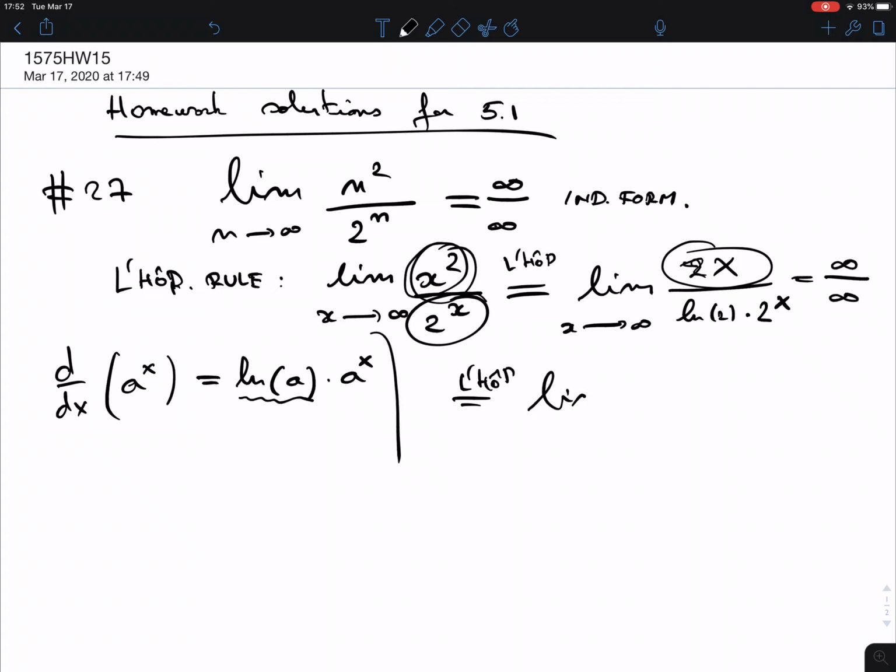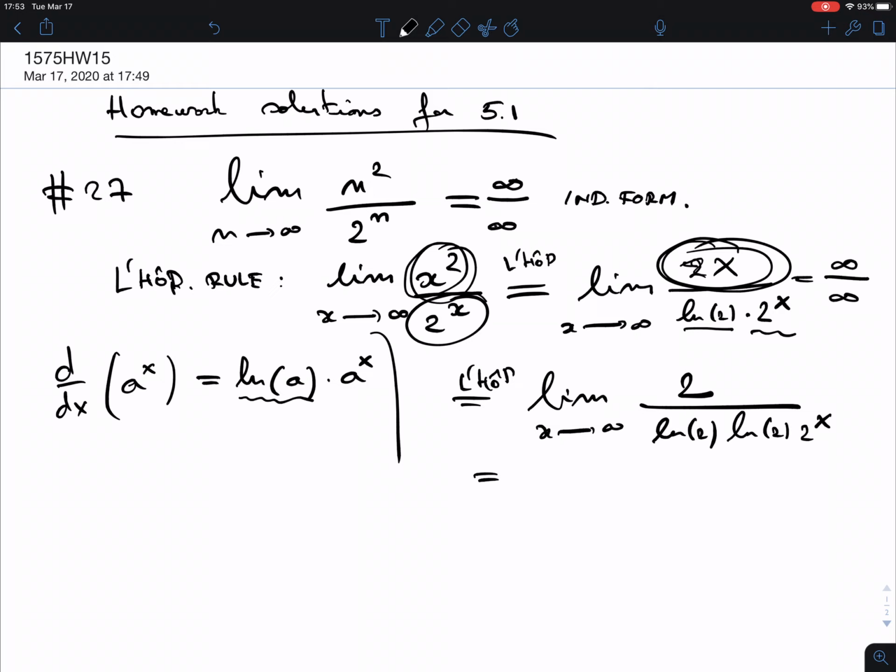That means that I'm now going to take the derivative of this top function, which is just 2. The derivative here, of course, we have this constant ln 2, and then I have to take the derivative of this, which we already know, that is another ln 2 times 2 to the x. Now if we plug in infinity, we get 2 over infinity, which is well defined. We know that is 0, and we are done. As simple as that.